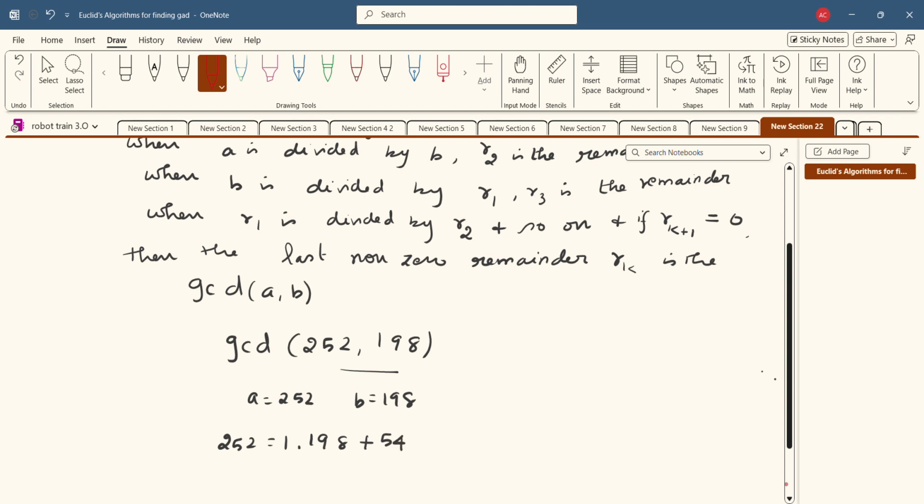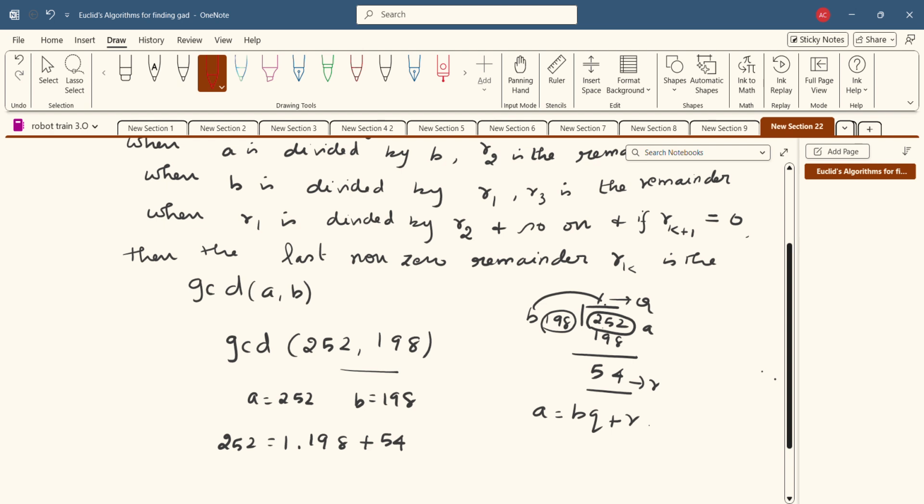Here 252 is the dividend and 198 is the divisor, 1 is the quotient, and 54 is the remainder. So this is your a, this is your b, q, r. We write a in terms of b: a = bq + r, the division algorithm. I can express the same thing here.